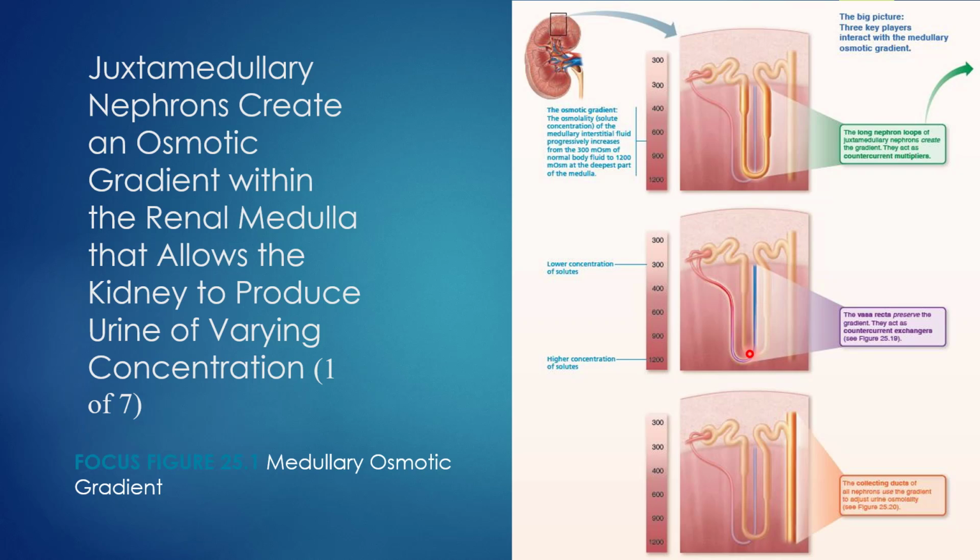On the other hand, the water that moves out and the salt that moves out in the ascending limb is picked up by the vasa recta, so the capillaries are acting as countercurrent exchangers. And then the collecting ducts and all the nephrons use this gradient to adjust the urine osmolarity. All right.